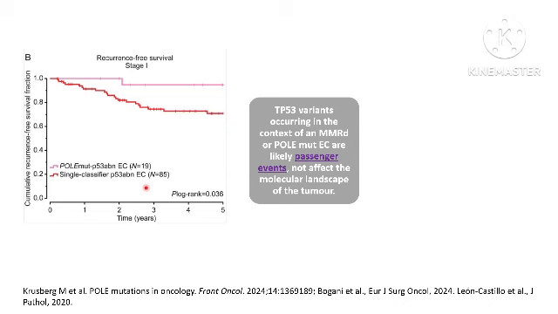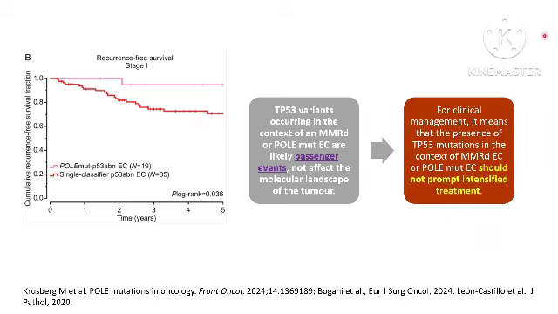The concomitant TP53 mutation in POLE or MMR deficient endometrial cancers has been shown to be a passenger mutation that does not affect the biological behavior of the tumor. So it has been elucidated that these tumors do not have such poor prognosis as the single classifier P53 abnormal subtype. And thus, intensive treatment is not required in such cases.